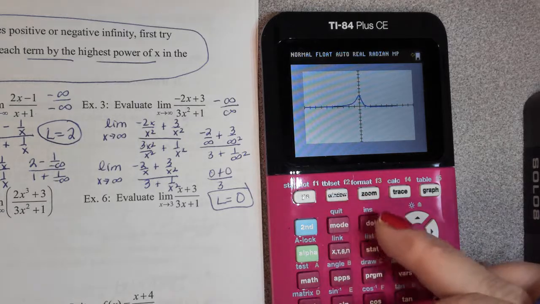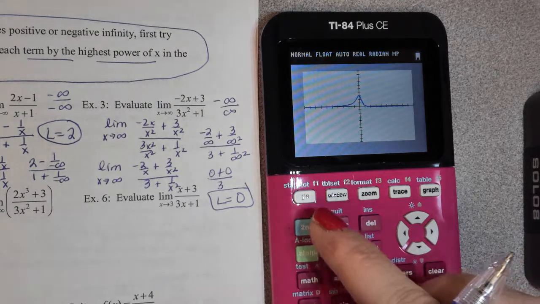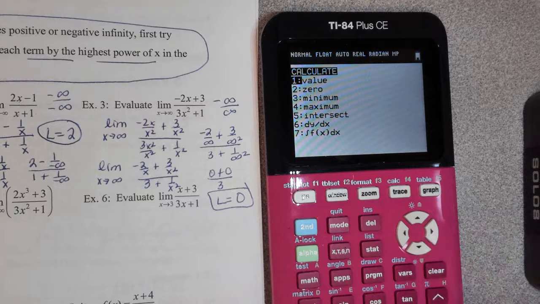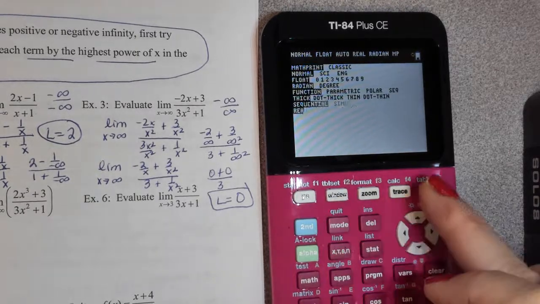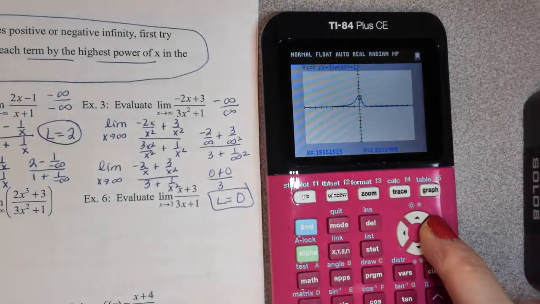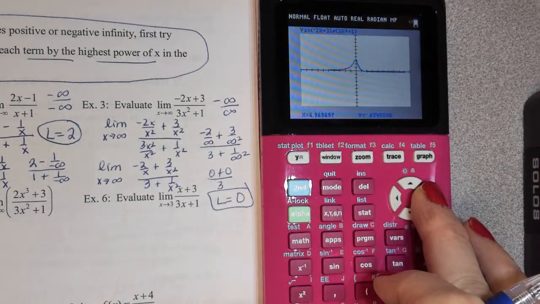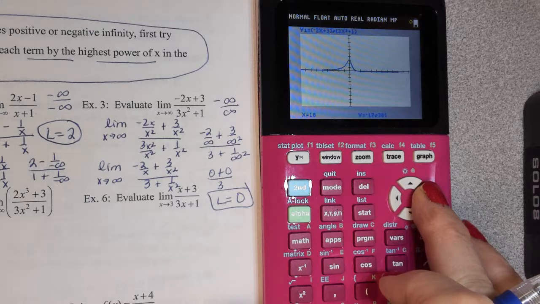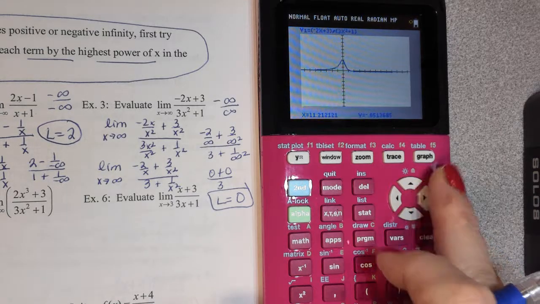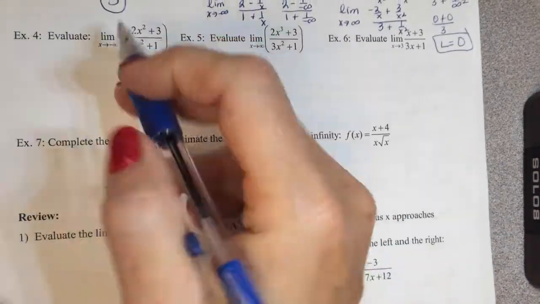So if I push second calculate to trace, oops, I didn't want to do second, just trace. And as I move this down here, as x goes to infinity, I can see that my y value is getting closer and closer to 0. Okay? All right, let's get a little bit quicker with this now.